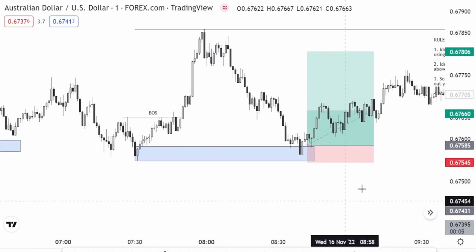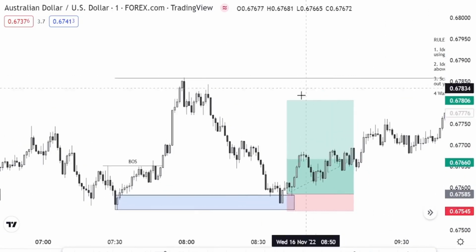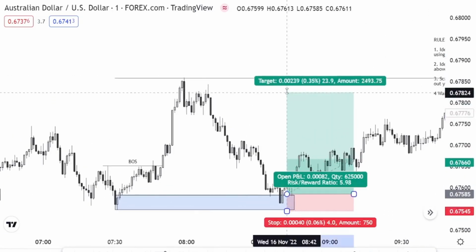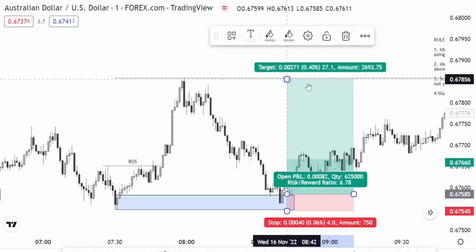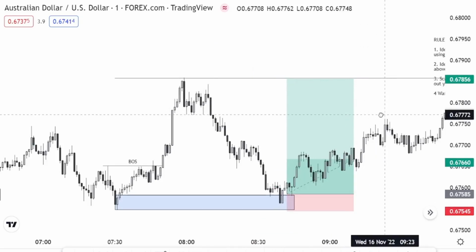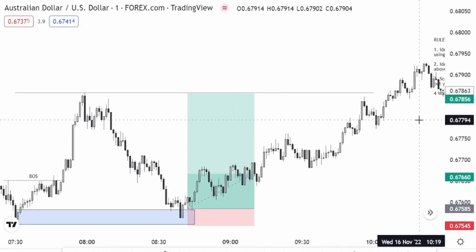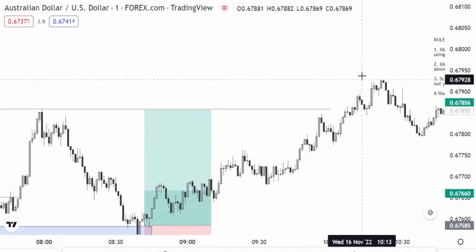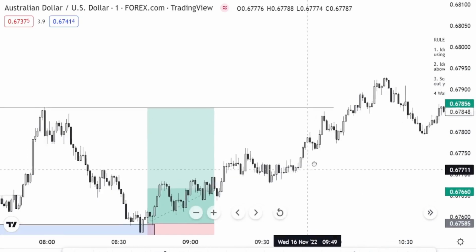So our target now is here. This is our target, guys. And this would have given us 6.78. Now think about all the profits you would have made, and as you can see, price got to our target and even surpassed it.